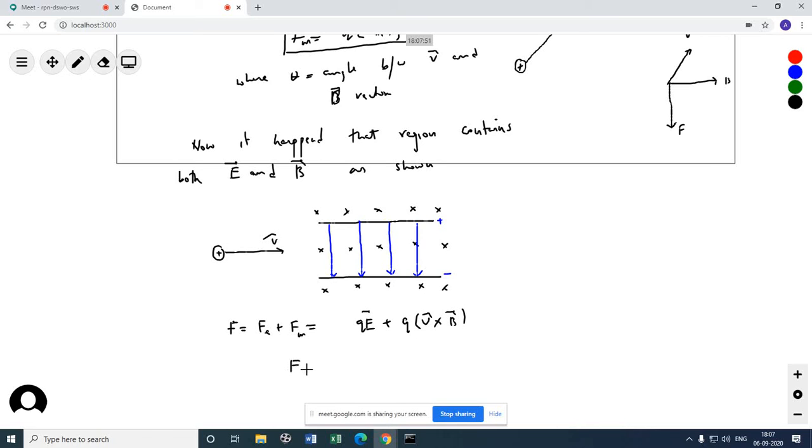Right? So these two together, we'll call it the Lorentz force. That is also called Lorentz force, but collectively, when a region contains both, we can term this also as the Lorentz force. Okay?